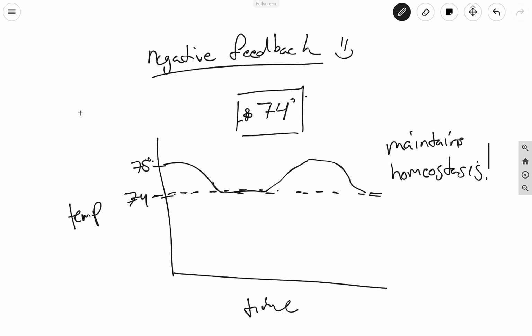And we use negative feedback not just for our temperature, but we use it for things like our blood sugar, our blood pressure, our pH balance, all sorts of chemical reactions inside of your body, the amount of protein we make, right? If a gene should be turned on or off based on the amount of proteins we have is an example of negative feedback.